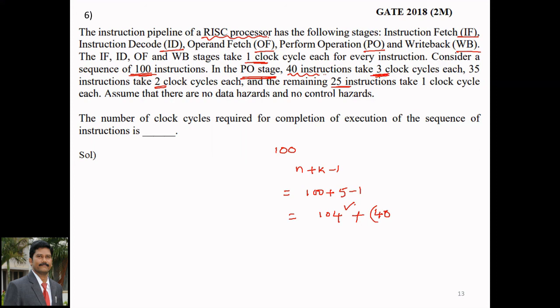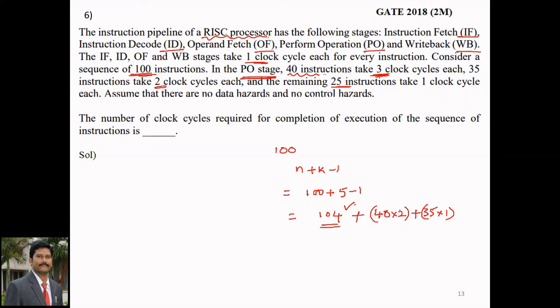Actually 1 clock cycle we already calculated, so 2 clock cycles extra, into 40, plus 35 instructions. How many extra clock cycles is it taking? 35 into how many extra clock cycles? Actually 1 clock cycle we consider, 1 more clock cycle it will take. 2 clock cycles means it is 1 more extra. Plus 25 instructions, only 1 clock cycle, that is already considered, so no need to take that one.